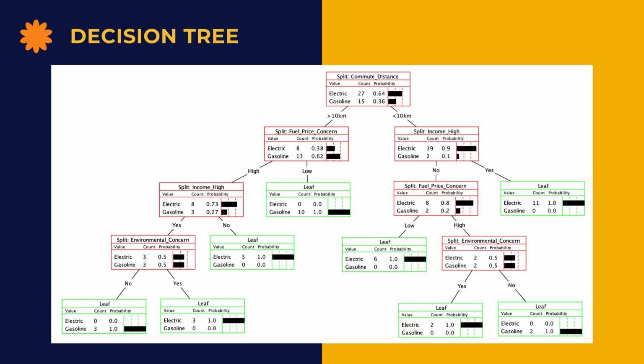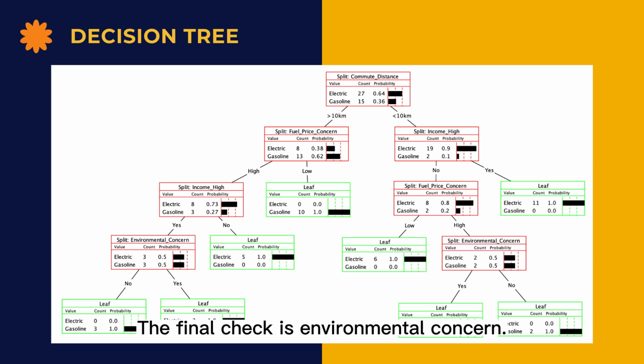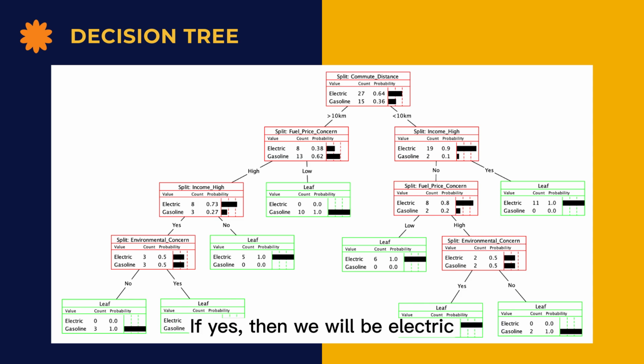If they do care, the final check is environmental concern. If yes, then it will be electric, and if no, it will be gasoline. In short, the tree uses commute distance as the first filter, then combines fuel concern, income, and environmental values to predict the final choice.